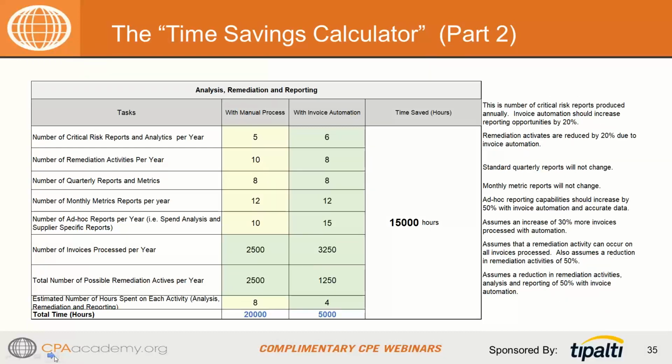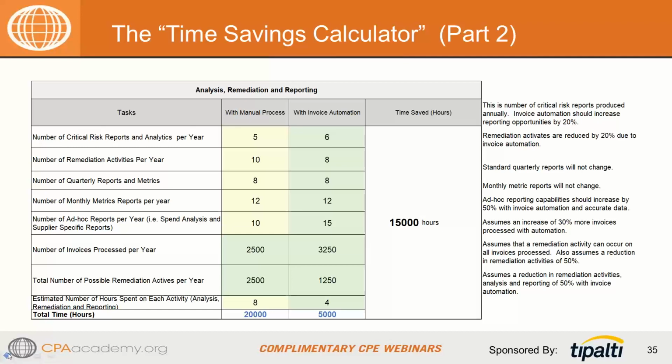We also have the last section, or part 2, is on analysis, remediation, and reporting, and we take into consideration any remediation activities that could be the result of a manual process. We're also looking at ways to track metrics and how those can be improved with automation.